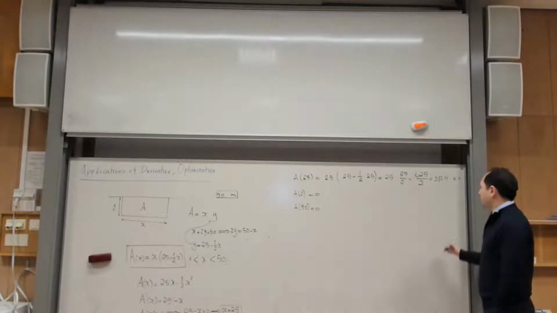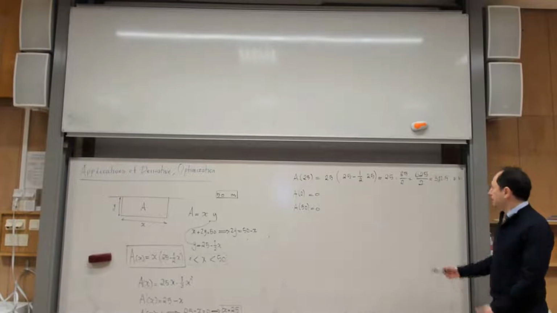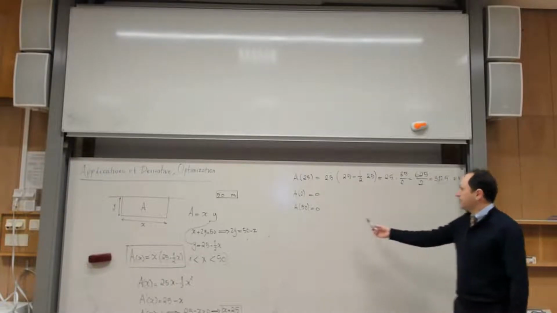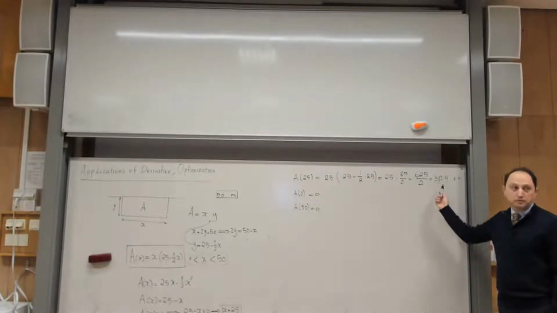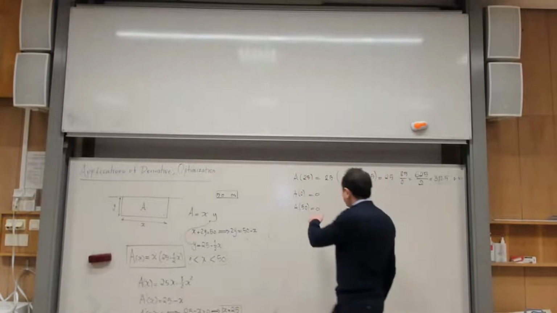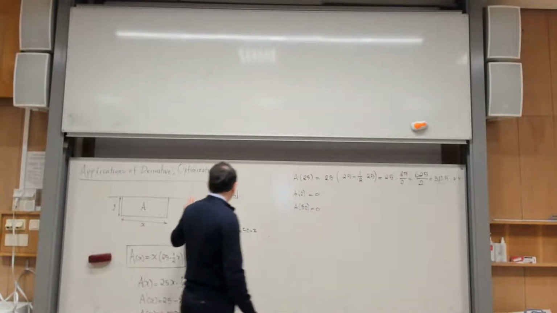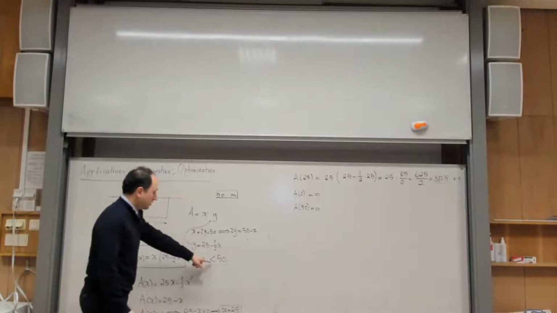For the time being, I want to find the maximum of A. It is clear the maximum is the largest value among these numbers, and that is exactly this number. And if it occurs at these endpoints, which it doesn't, then you need to exclude them because they are not included.